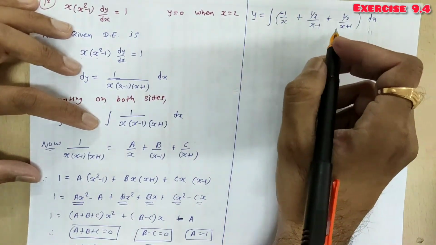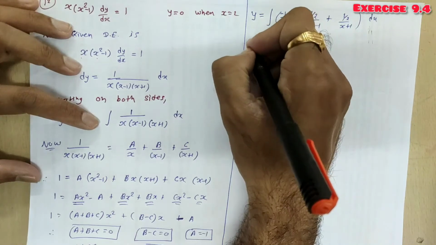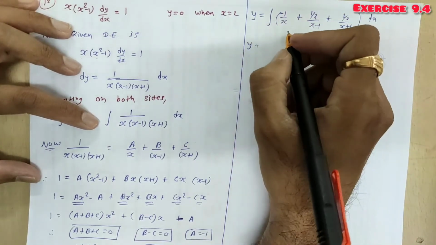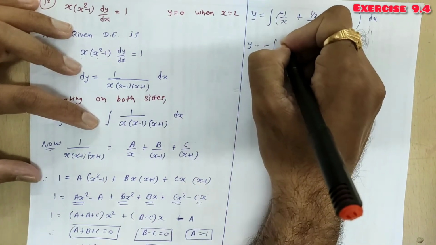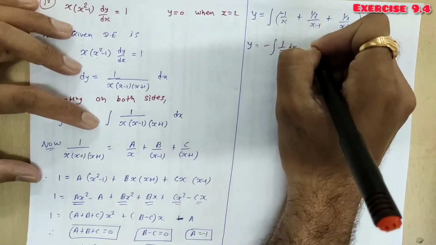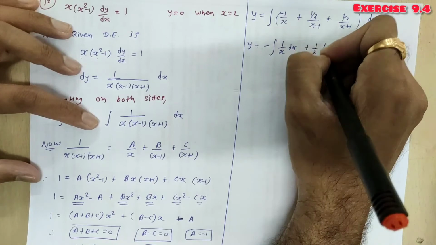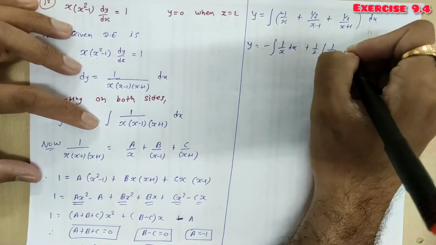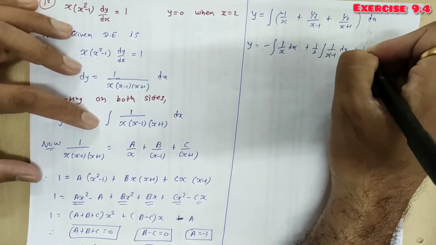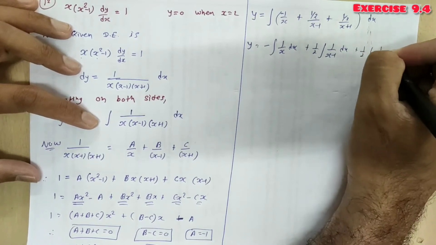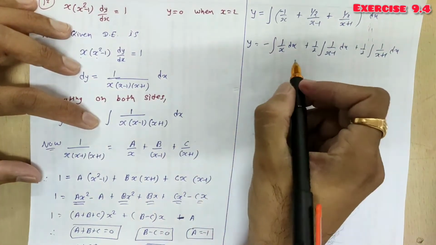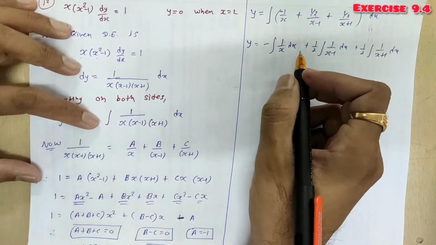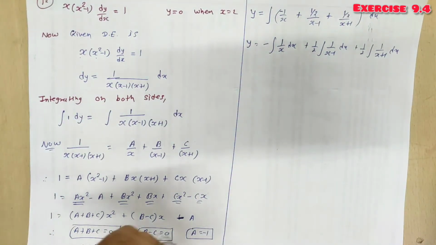Now separate all these terms, integrate it. So y equal to minus 1 upon x minus constant, so integration of 1 upon x dx, plus 1 by 2 constant, integration of 1 upon x minus 1 dx, plus 1 by 2 again constant, 1 upon x plus 1 dx. Done. Simple formula, integration of 1 upon x is log mod x.